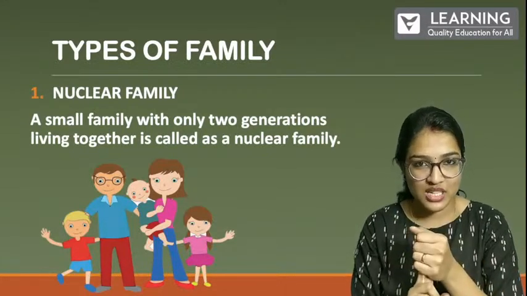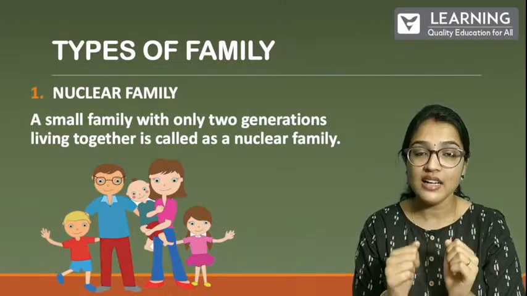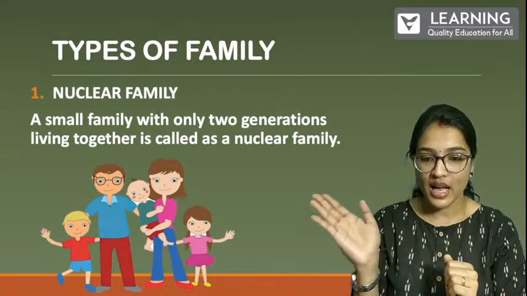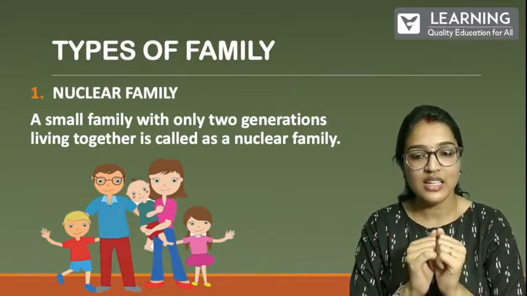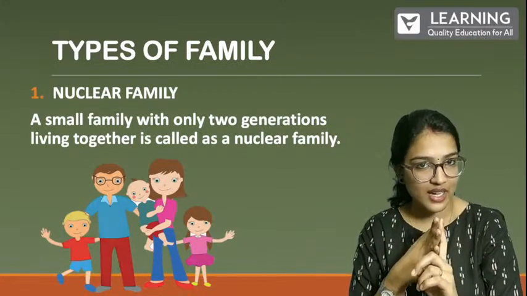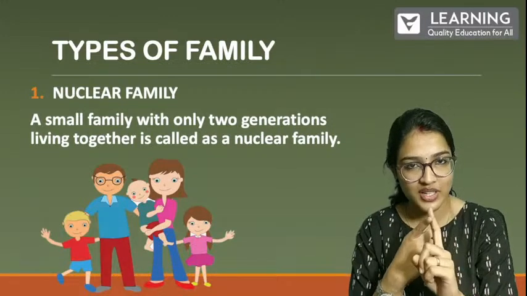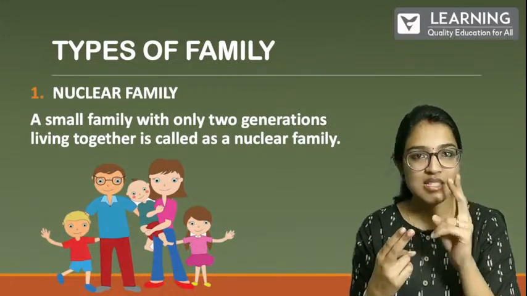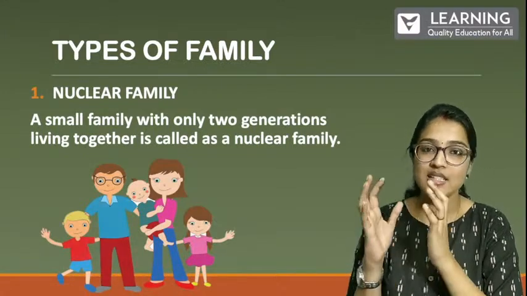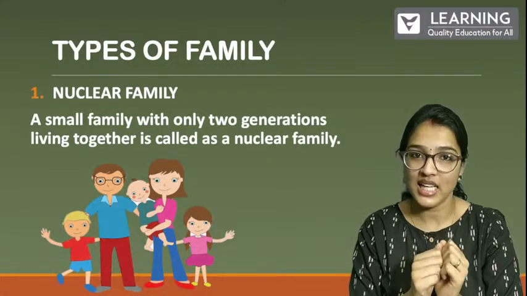As you can see in the picture, there is father, mother and their three kids, right? Only two generations are there. Father and mother form the first generation and the kids form the second generation. Such a small family is known as a nuclear family.